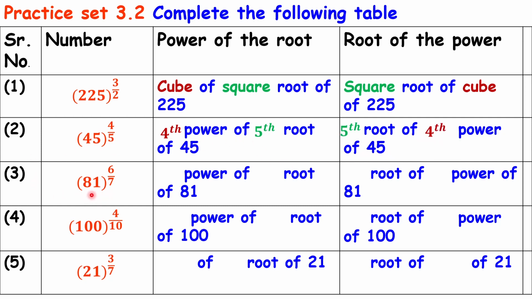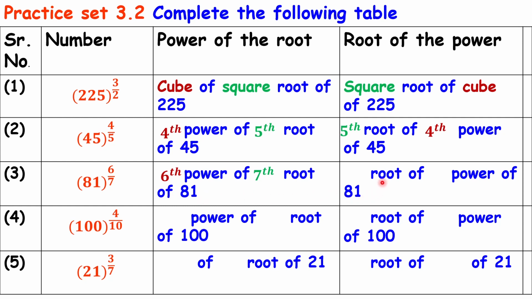Example 3. 81 raised to 6 upon 7. 81 is the base, 6 upon 7 is the index, 6 is a power and 7 is the root. So in power of the root form, 6th is a power, so 6th power of 7 is the root, that is 7th root of 81.